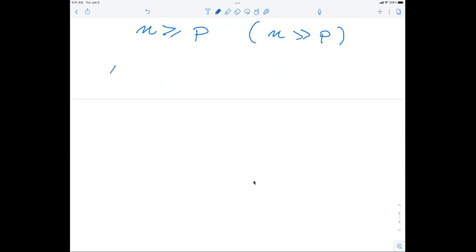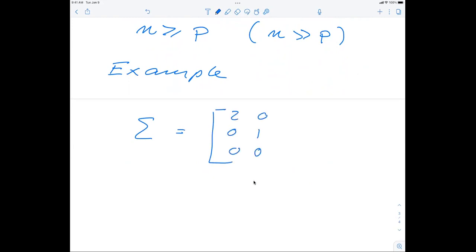Okay, so let's take a look at one of these matrices. As an example, we could take a singular value matrix which looks like this: 2, 0, 0, 1, 0, 0. It's pretty common to rewrite this in the literature as a sigma tilde and a 0, like this.